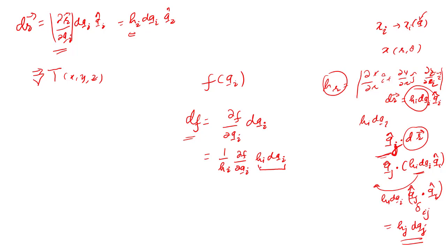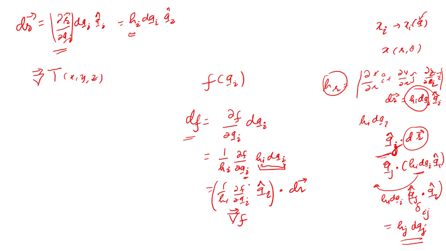So then I can write this hi dqi as qi, because I want index i here, dot dr. And then if you look at this entire thing here, this is nothing but the gradient.